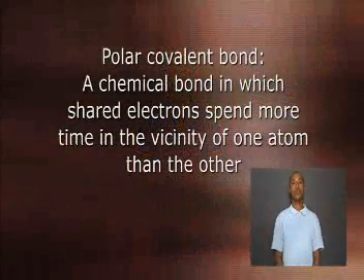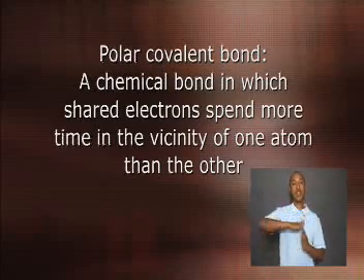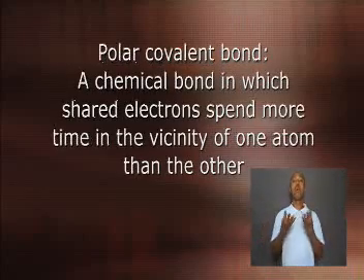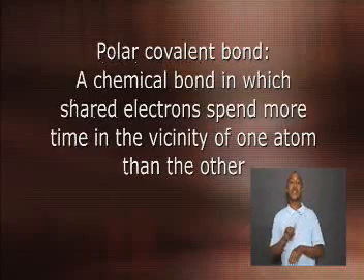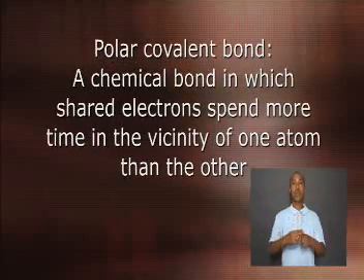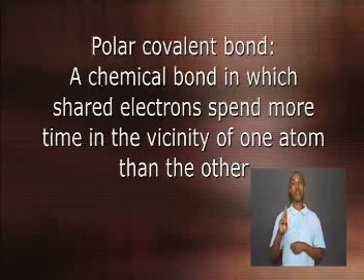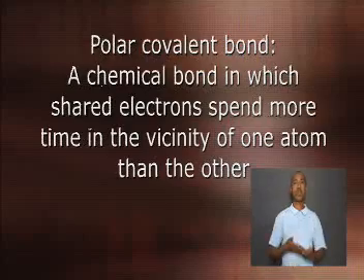Therefore, they do not share the bonding electrons equally. A chemical bond in which shared electrons spend more time in the vicinity of one atom than the other is called a polar covalent bond, or, more simply, a polar bond.